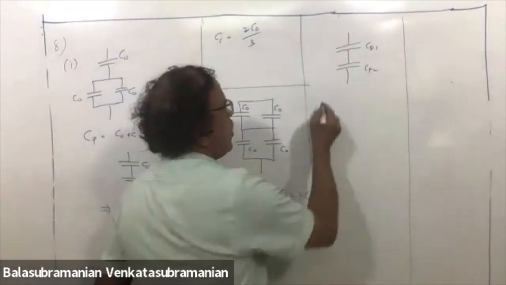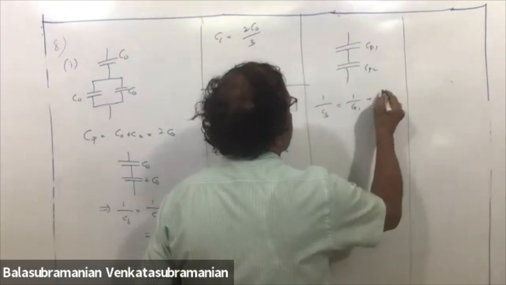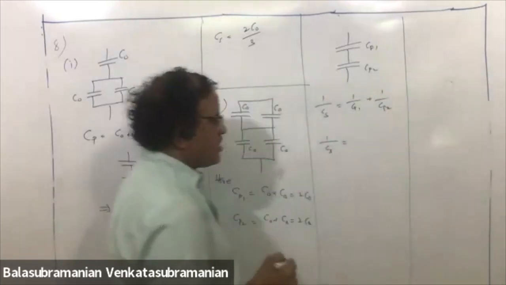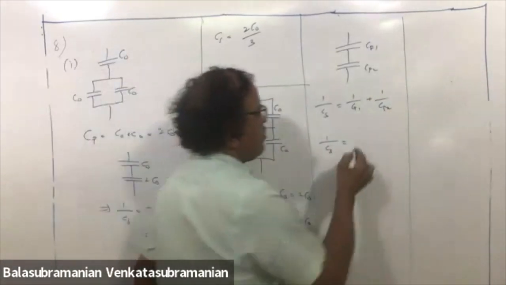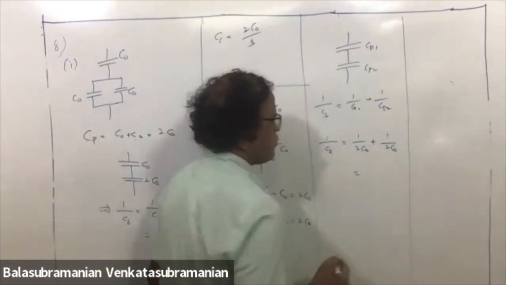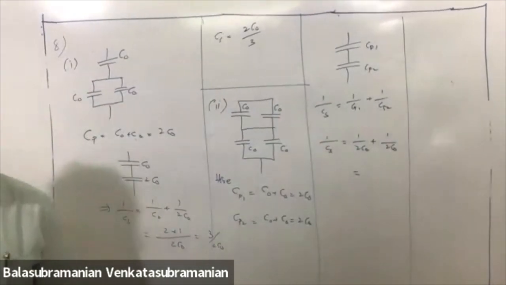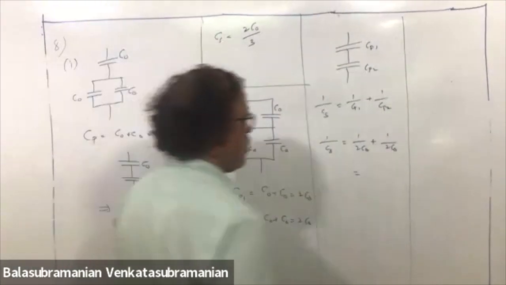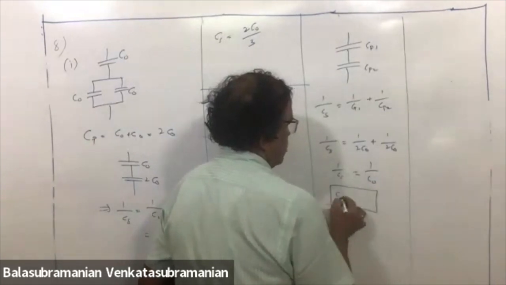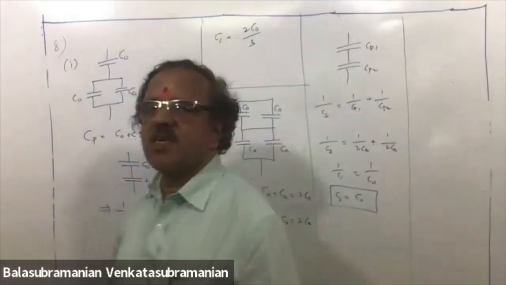So I can write 1 by CS is equal to 1 by CP1 plus 1 by CP2. 1 by 2 C naught plus 1 by 2 C naught means what? 1 by C naught. That is, CS is equal to C naught. Same problem. CS is equal to C naught.